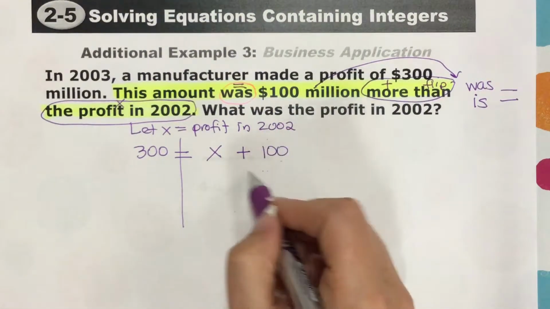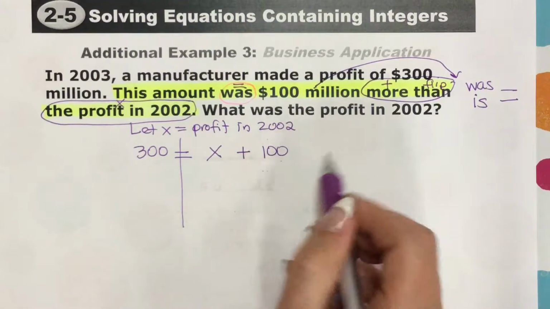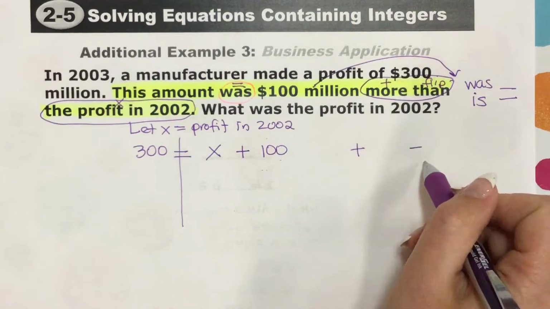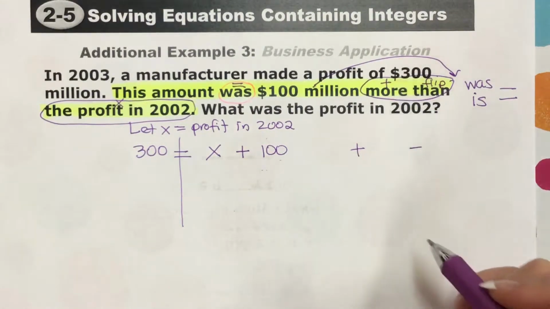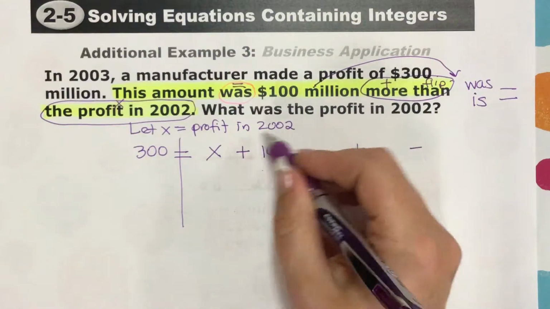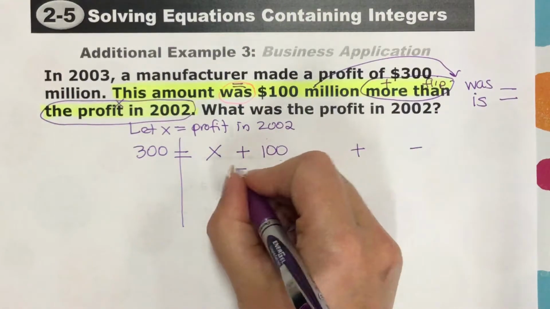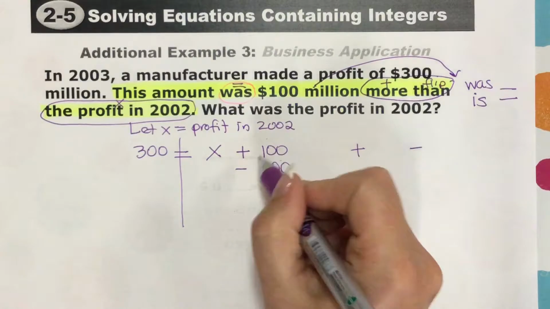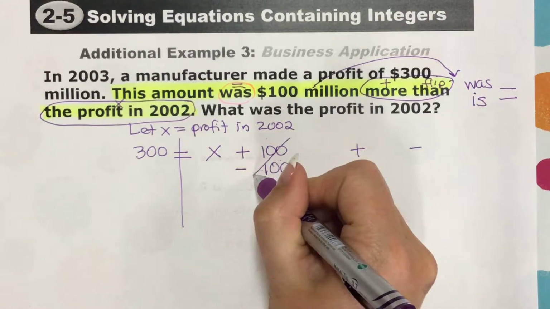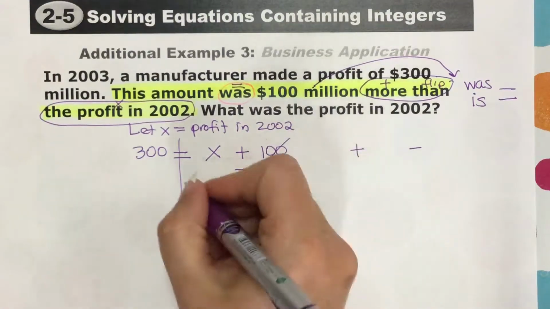So we are going to do the inverse operation of addition. If you remember, the inverse operation of addition is subtraction, or a positive number becomes a negative number. This is a positive 100, so we do the inverse, which is a negative 100. A positive 100 and negative 100 cancel out and become 0, so we just have 0 plus x, which is x.